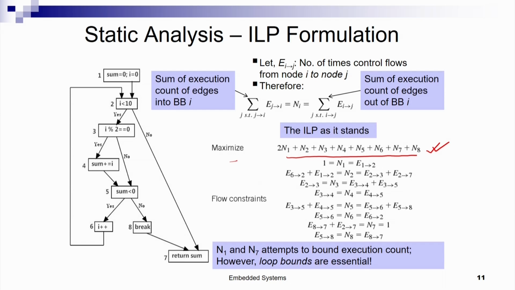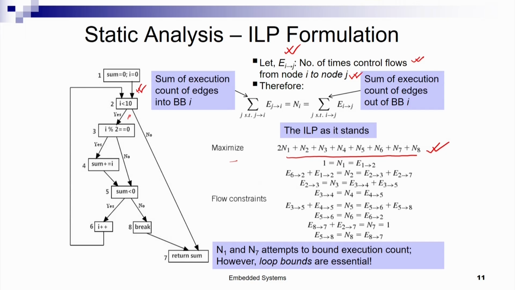To obtain these bounds, we will look at the edges. Let E_ij be the number of times control flows from node i to node j. For example, E12 will be 1, because control flows from basic block 1 to basic block 2 only once.